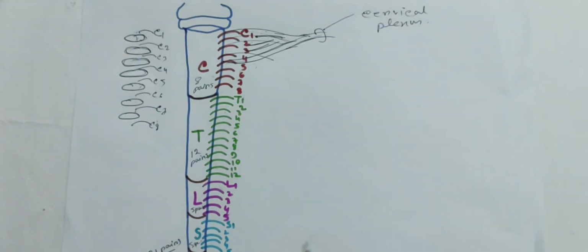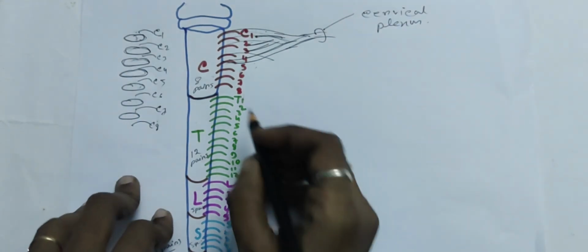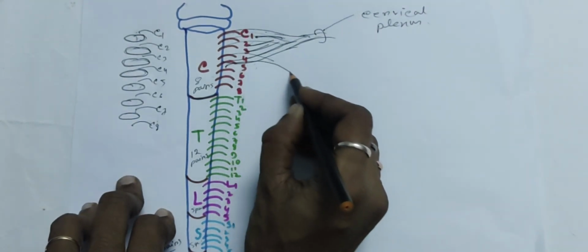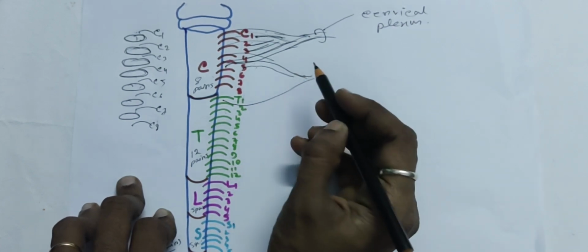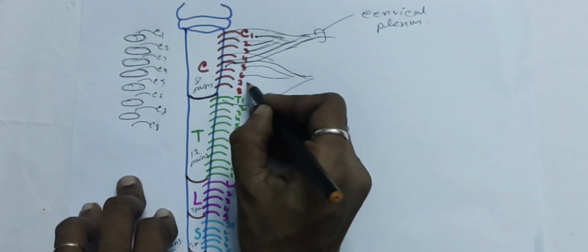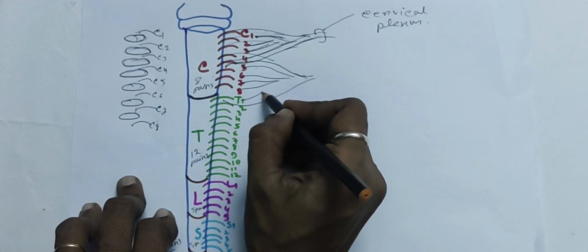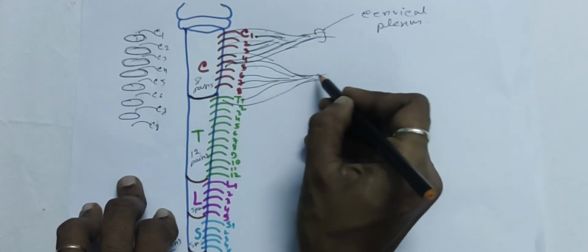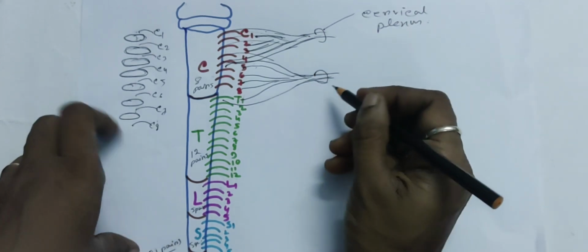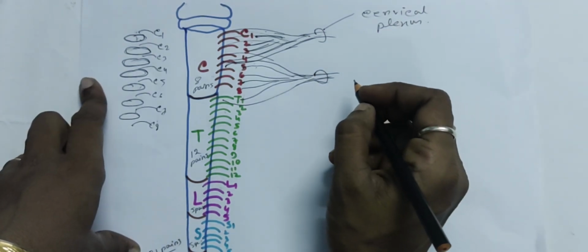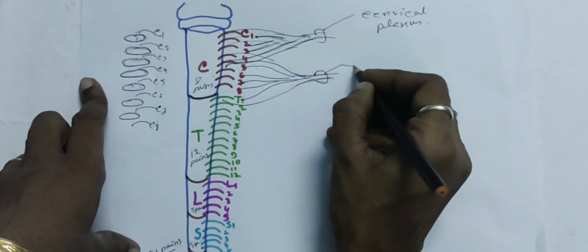From C5 to T1: 5, 6, 7, 8 and T1. They form a bunch. This is called the brachial plexus.